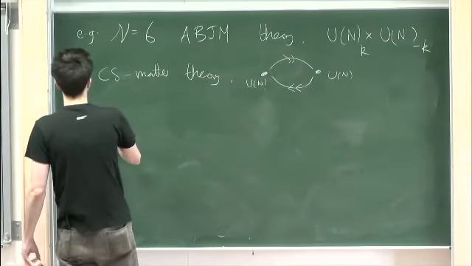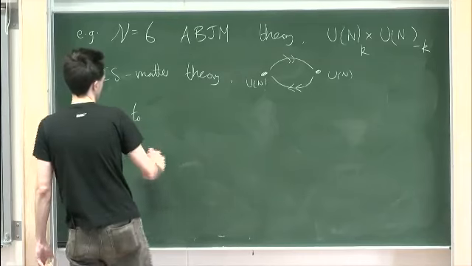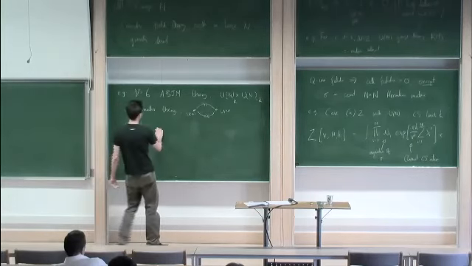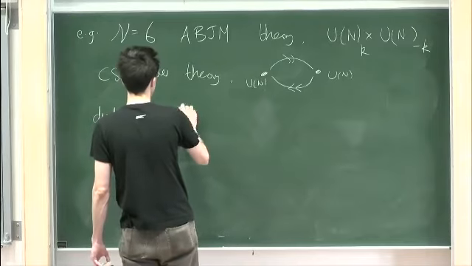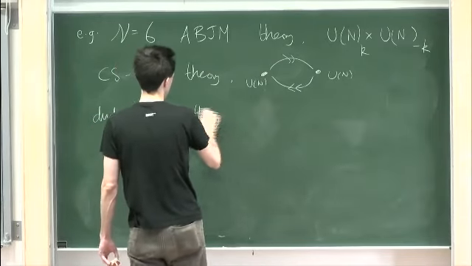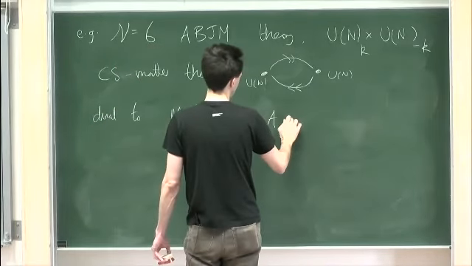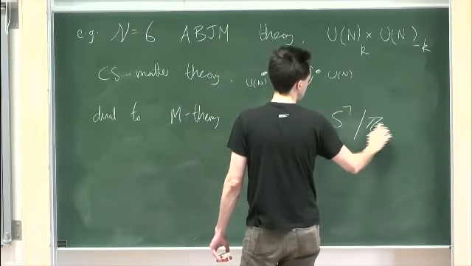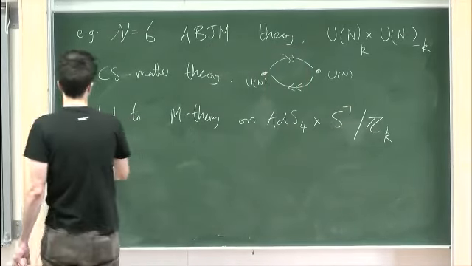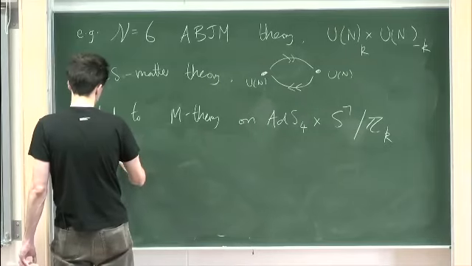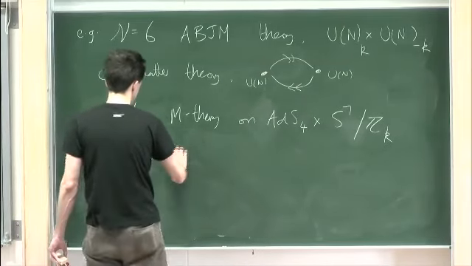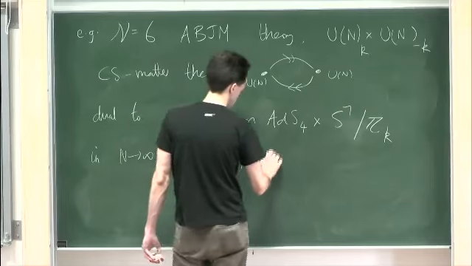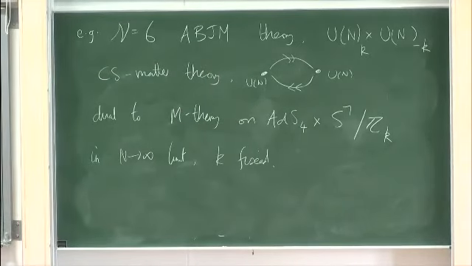And this is dual, if you put it on S^3, to M theory on AdS4 times S^7 mod Z_k in the N goes to infinity limit with k fixed.